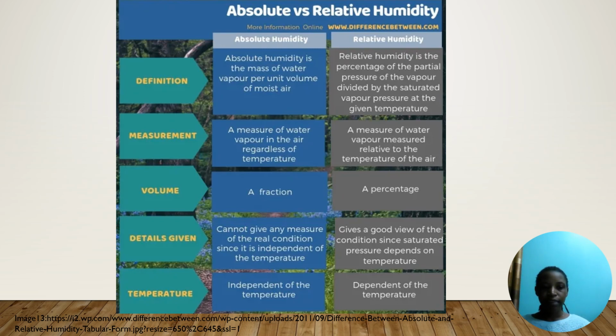The fourth difference is about the detail given. For absolute humidity, a detail cannot be given on the measure of the real conditions since it depends on the temperature, while relative humidity gives a good view of the conditions since saturated pressure depends on the temperature.